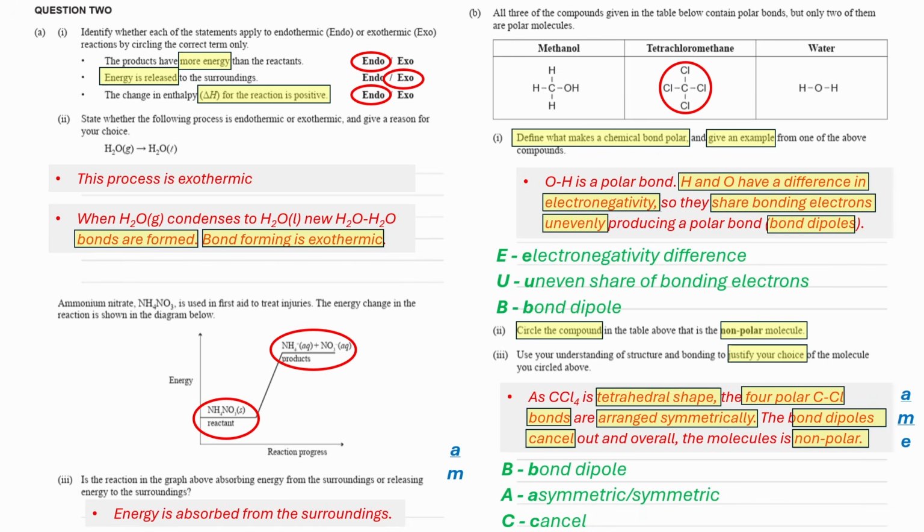Well, that's interesting. If we link the symmetry of the molecule to the dipole cancellation, okay, so if we do this bit at the bottom, they give us a merit. If we do all parts of 1, 2, 3 correctly, including the full explanation, they give us an excellence.